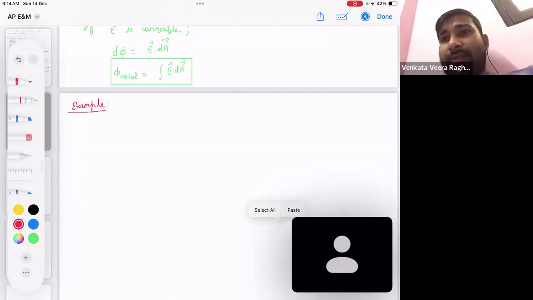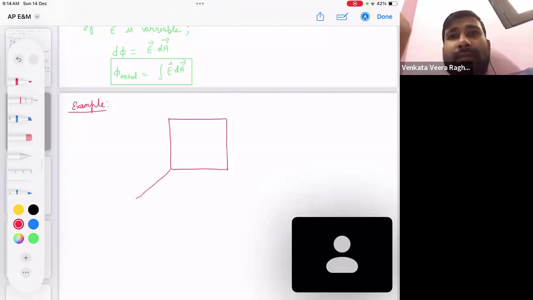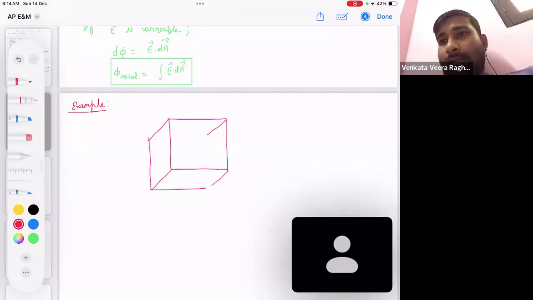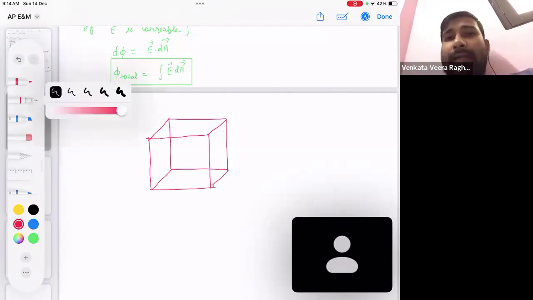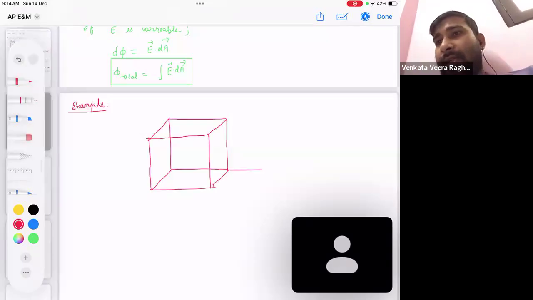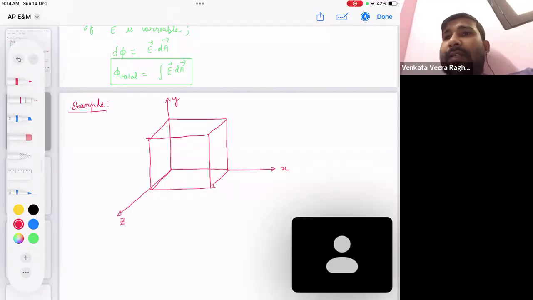A cube is given to us, and this cube is placed in such a way that this side is along x-axis, this side is along y-axis, and this side is along z-axis.